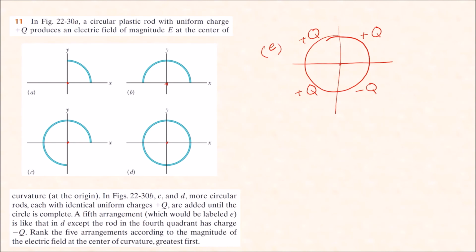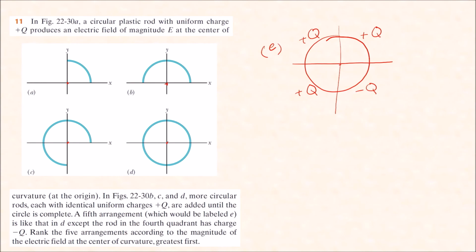And then from there, I would say A, because you have no cancellation of forces, since there's no opposing on either of the axes. And then I'd say B is going to be the third weakest, C is the fourth weakest, and D is the fifth weakest.